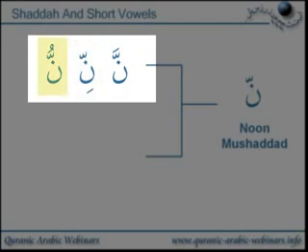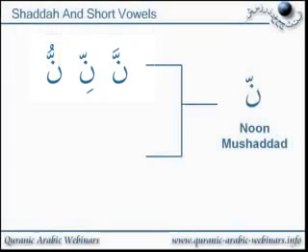And the last one is a noon with shaddah with a dhamma. So in the Majidi script, the fatha is written above the letter and above the shaddah. The kasra is written below the letter and the shaddah is on top of the letter, so the kasra is completely underneath the letter, and the third one, the dhamma, is sitting again above the shaddah itself.